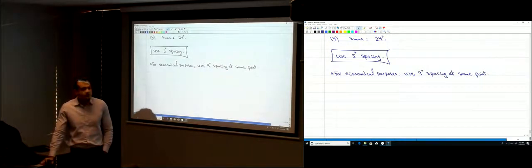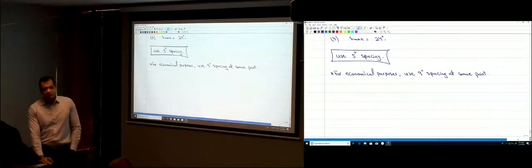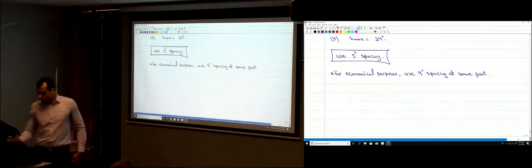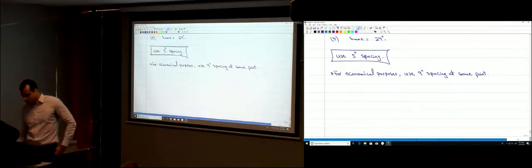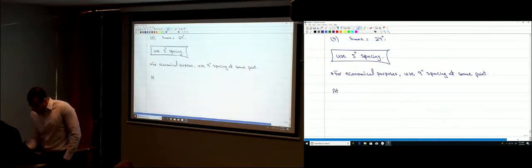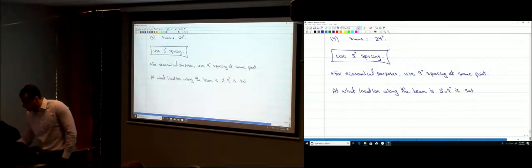If you want to choose 10 inches, that's fine. It's up to you. If you want to provide, let's say, 11 inches, that's fine. But for economical purposes, I'm going to use 9 inches of spacing. So where is 9 inches enough? At what location along the beam is spacing of 9 inches satisfactory?